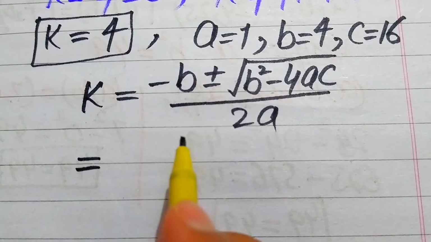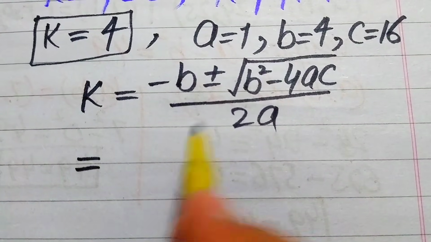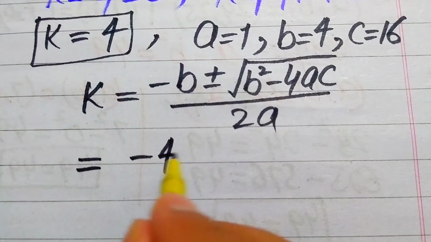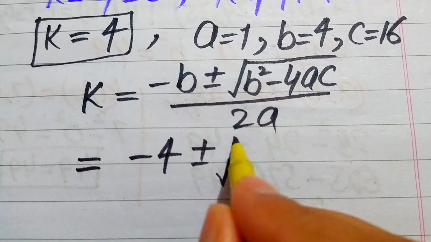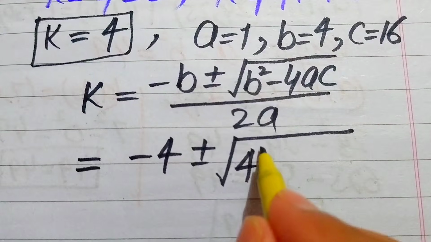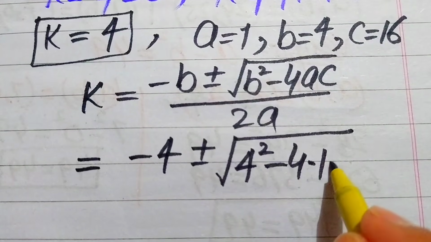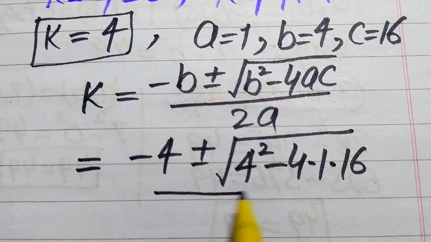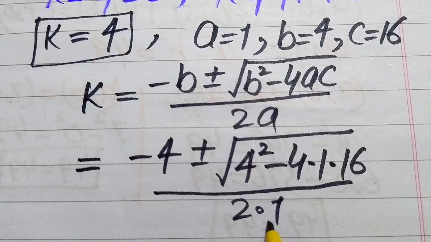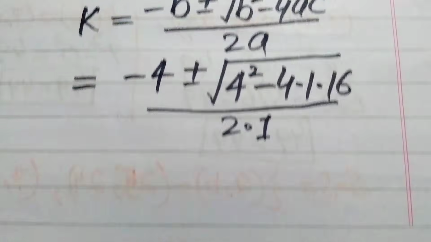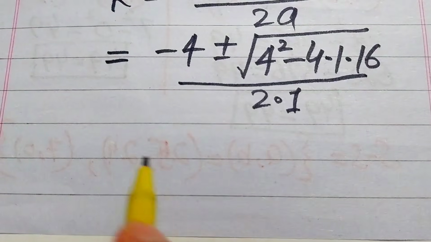Here we substitute all the values of a, b and c. This is minus b, the value of b is minus 4, plus minus square root of b square, b is 4 square, minus 4 times a is 1 and c is 16, and it is divided by 2 times a, where our a is equal to 1.